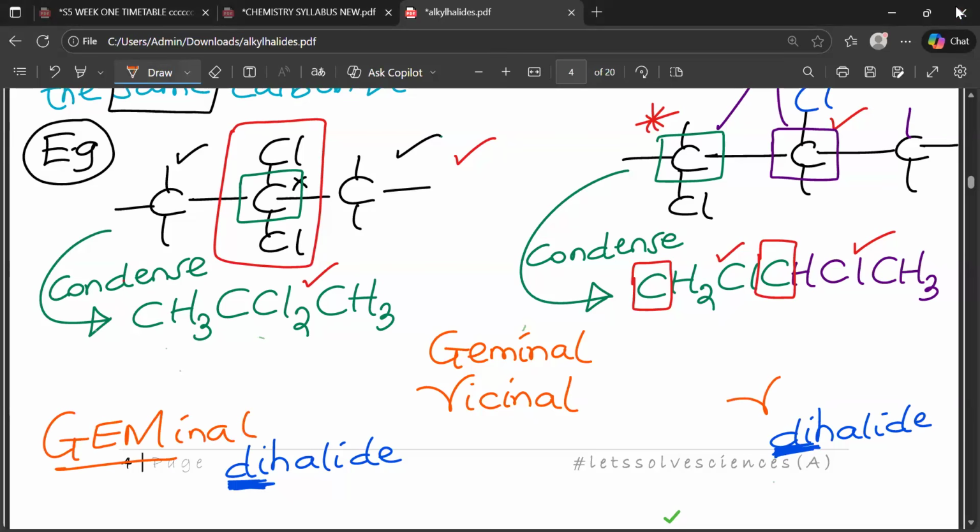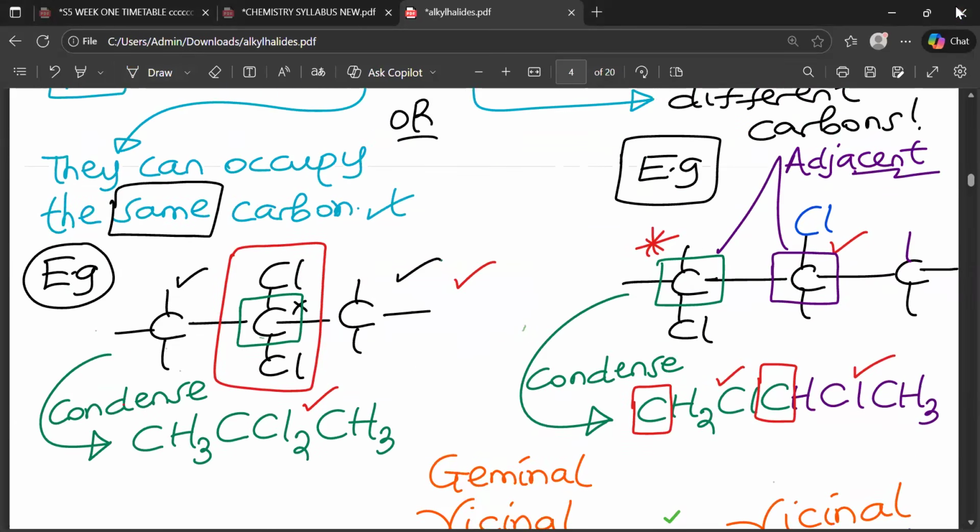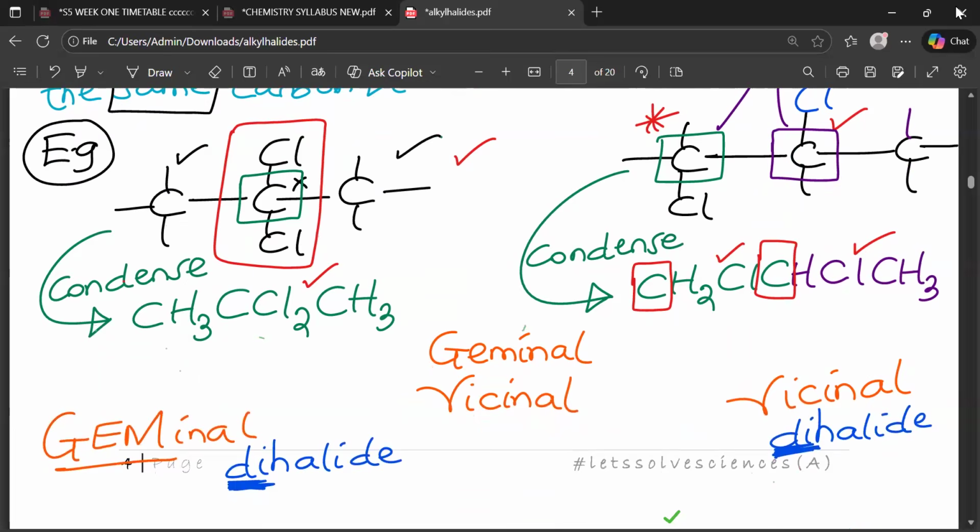Then this one is the vicinal dihalide. Do not forget that they are on adjacent carbons. In chemistry, don't cram definitions. Understand what things mean, period. No one is going to tell you to define what a geminal dihalide or a vicinal dihalide is. So don't stress.